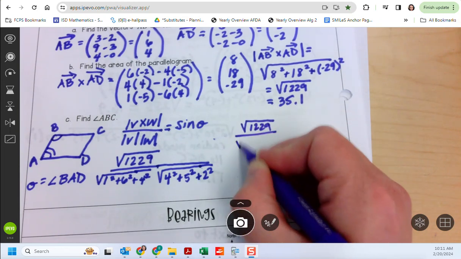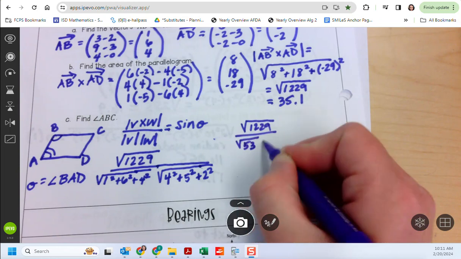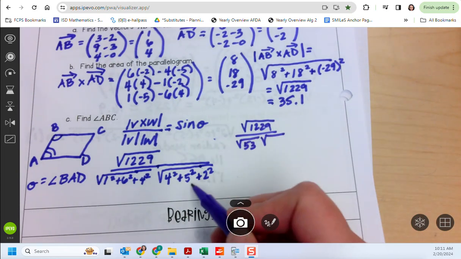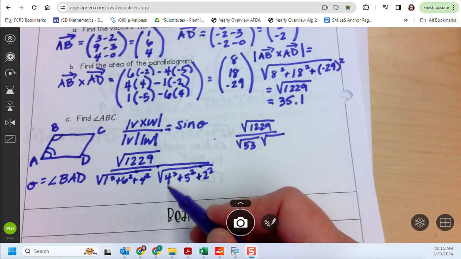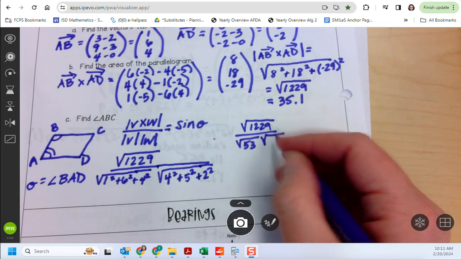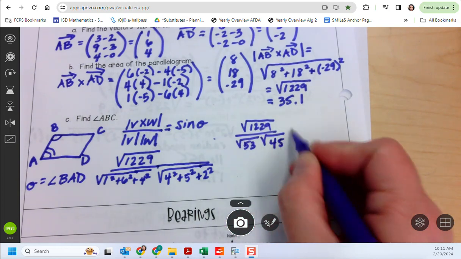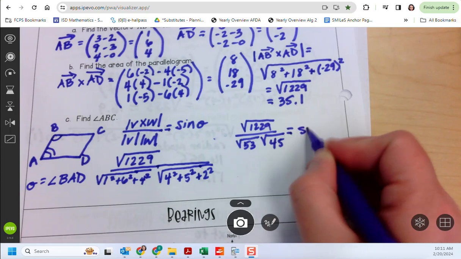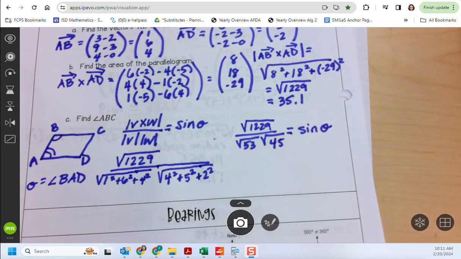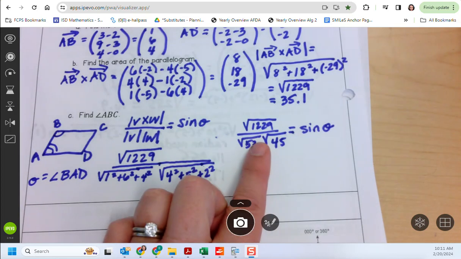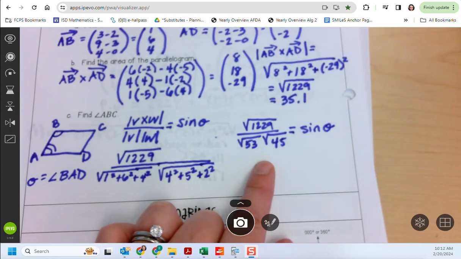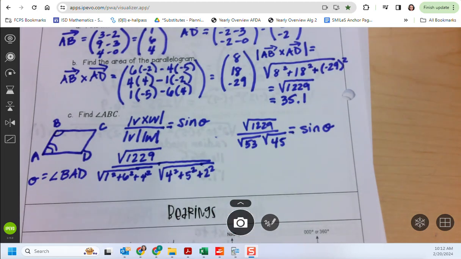Root 1229 over square root of 53, and then this one is going to be 25 plus 16, so 41 plus 4, I'm getting 45, is equal to sine theta. So we're going to do the inverse sine of all of this, and this time what mode do we want to be in? We're going to be in degree mode, right.